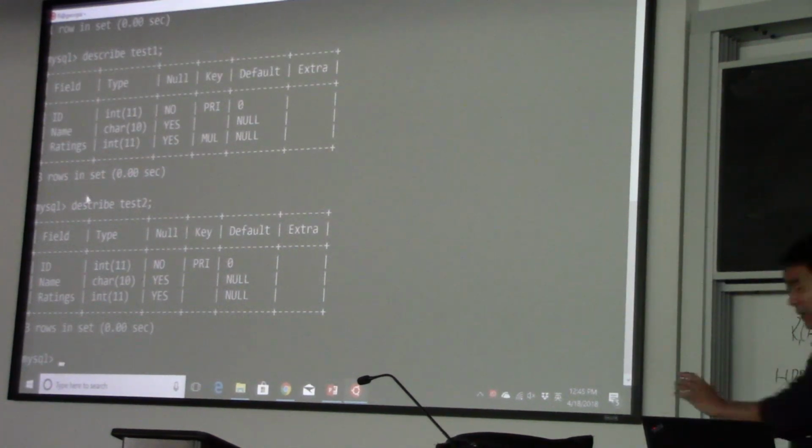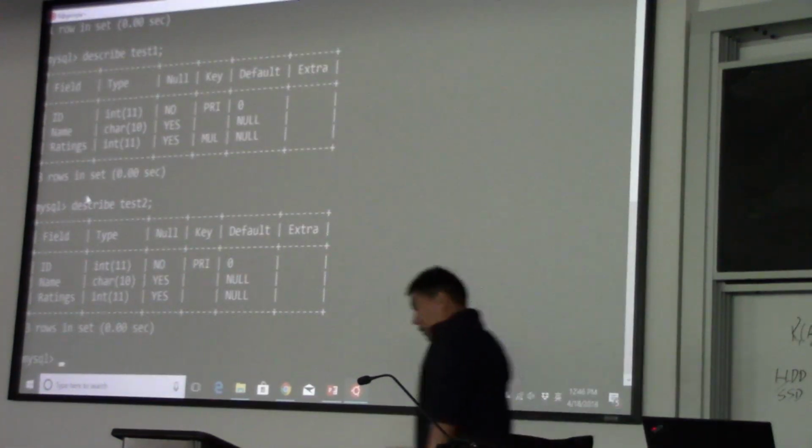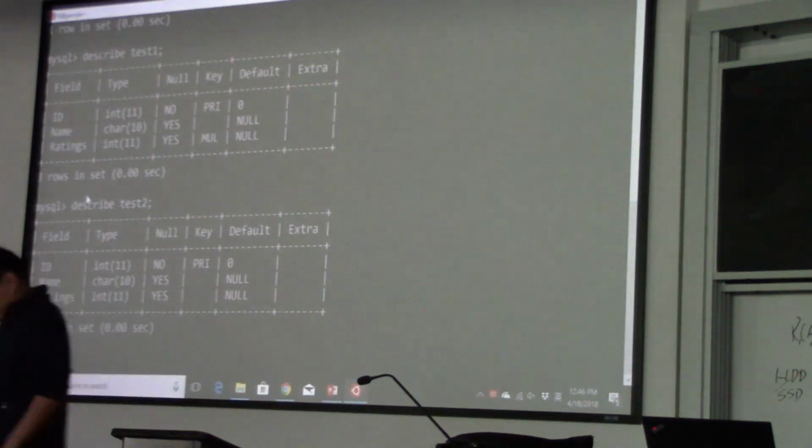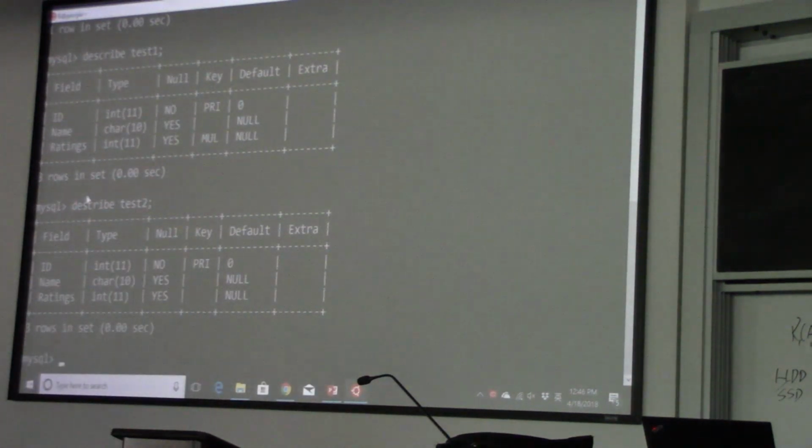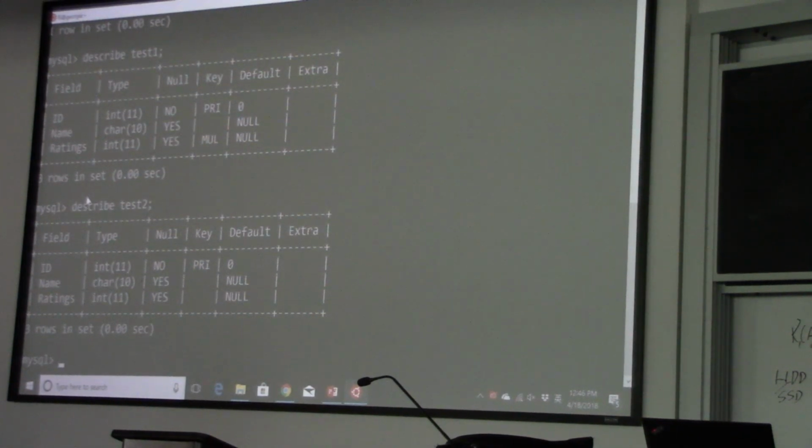So they have the same schema. Two really simple tables: a primary key ID, the name of a person or whatever object, then a rating value between 1 and 100. And each table has about 500,000 records, uniformly distributed over the rating space, meaning there are an equal number of records with rating equal to 1, equal to 2, all the way to 100.